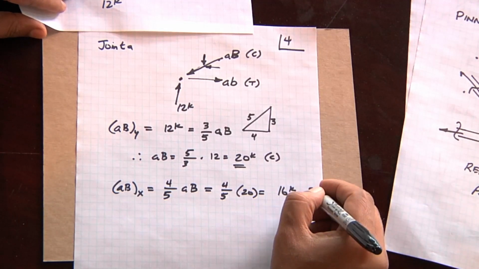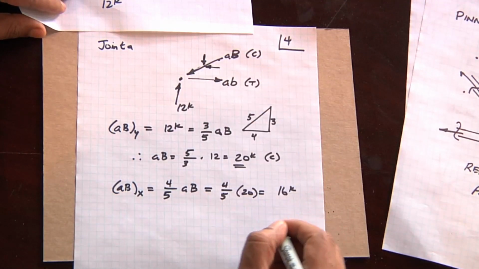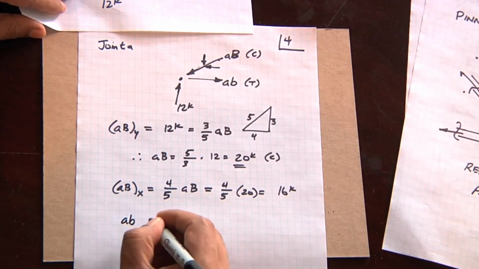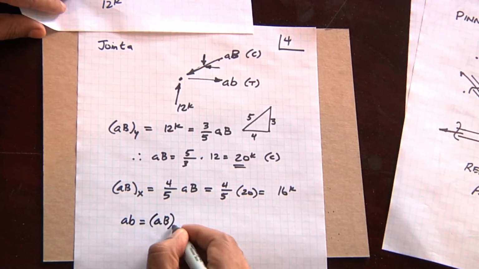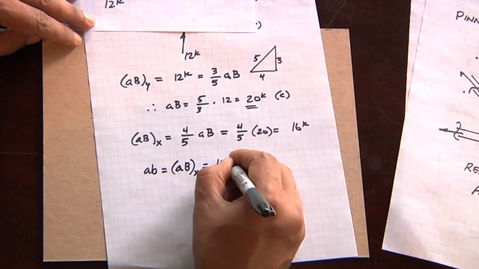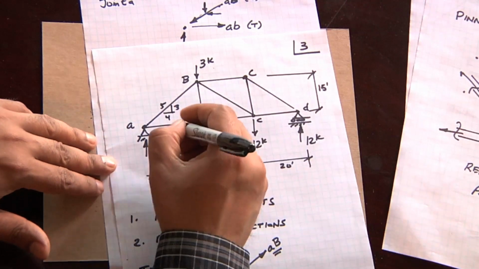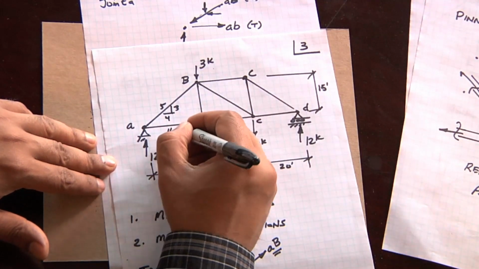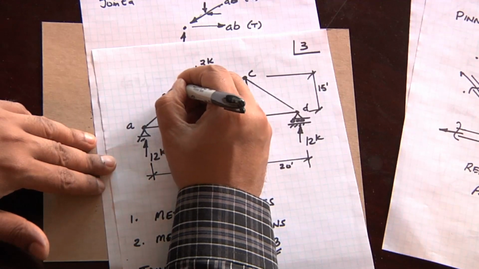And that 16 kips going in this direction for ABX means that A lowercase b is equal to the X component of AB. So that's 16 kips, and that will be in tension. So right away we've solved for this chord force, which is 16 kips, tension, and 20 kips, compression.